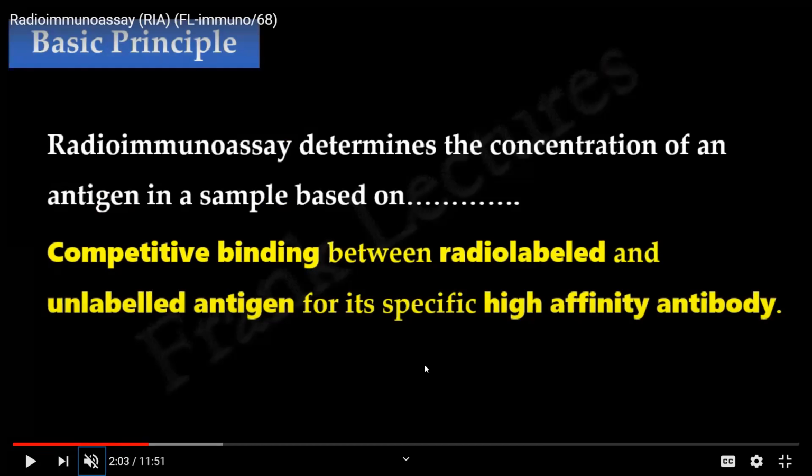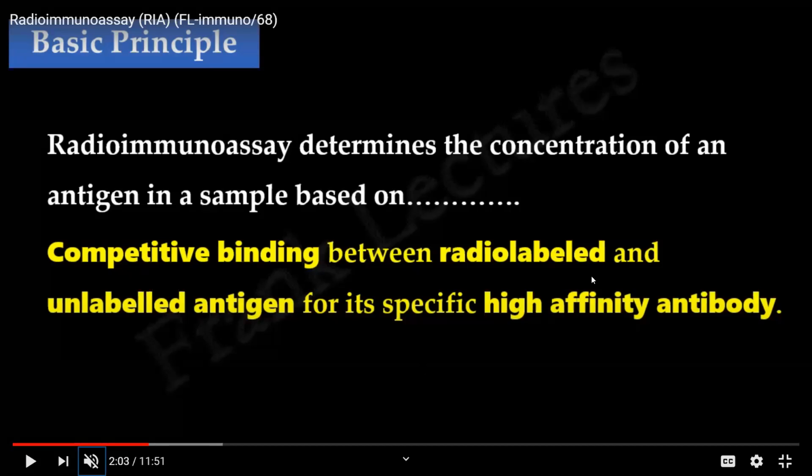That means you have a human patient sample, and the person has some antigen in that sample. So you want to find out the amount of antigen present in that particular sample. For that, you need to perform this radioimmunoassay.